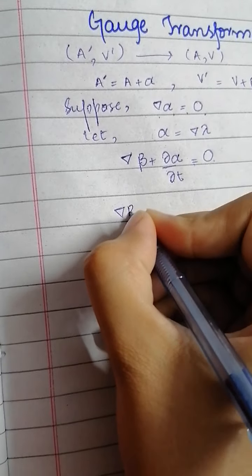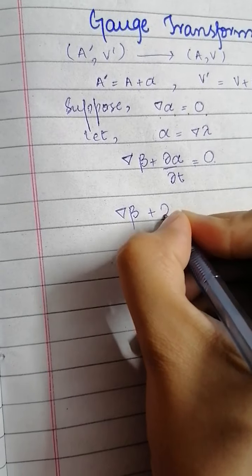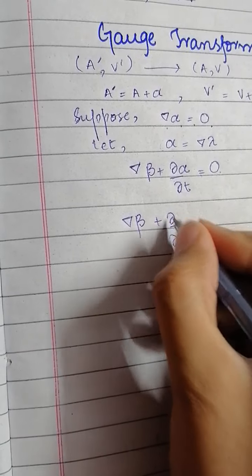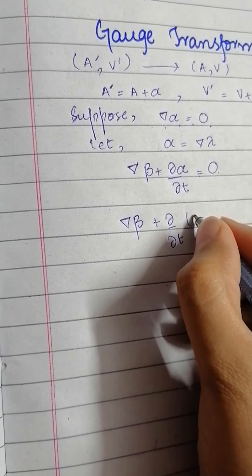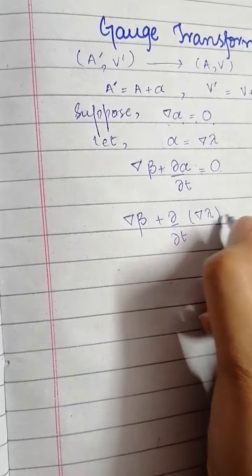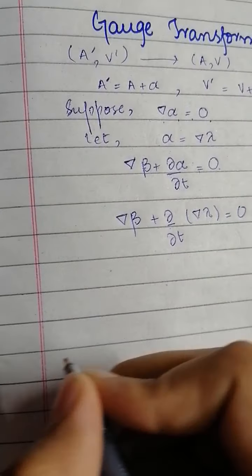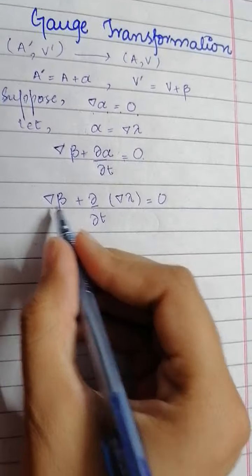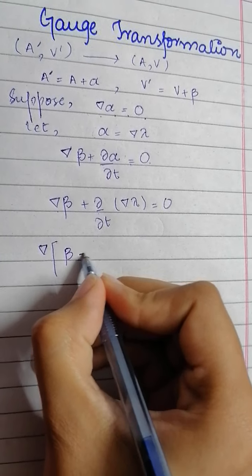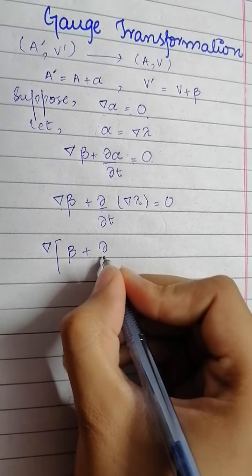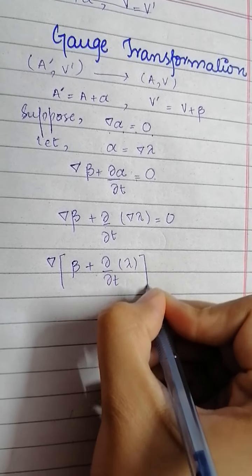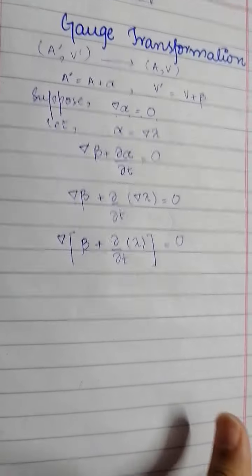We can also write our equation as delta beta plus partial over partial t of delta lambda equals 0, by taking delta as common. We can also write it as beta plus partial lambda over partial t equals 0.